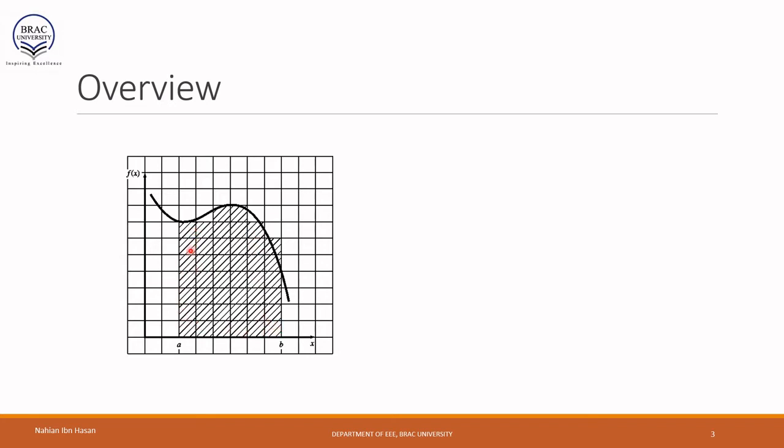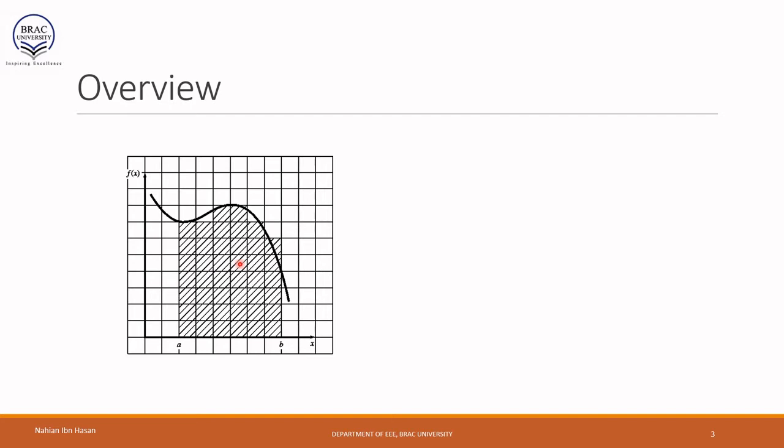There will be almost 42 to 43 squares under this curve within the boundary a to b. So we find the area of a single square and multiply it by the number of squares under the curve within this boundary, and that's how we can calculate the area.